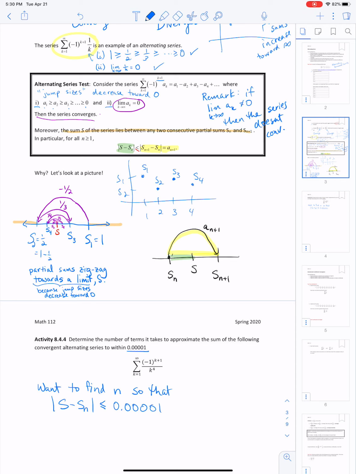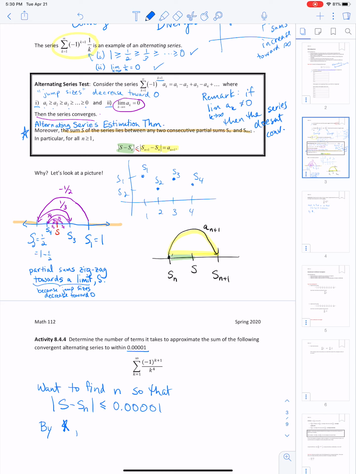But we know that S minus Sn, let me just call this star. So by star, and I think your book calls this the alternating series estimation theorem. Let me write that here. This is the alternating series estimation theorem.